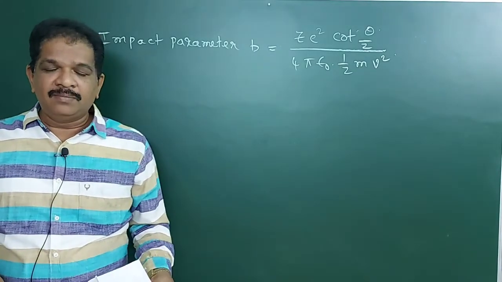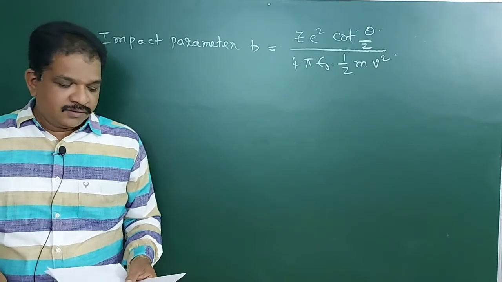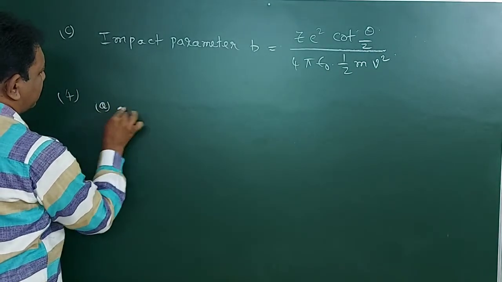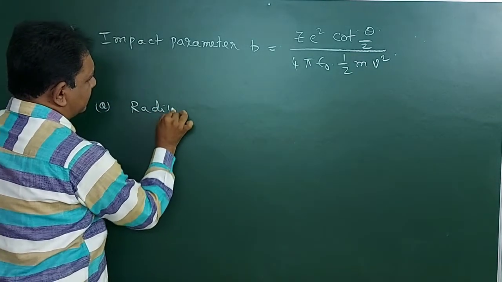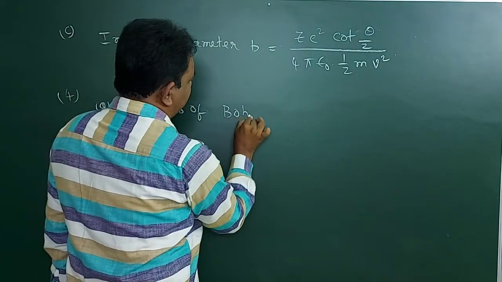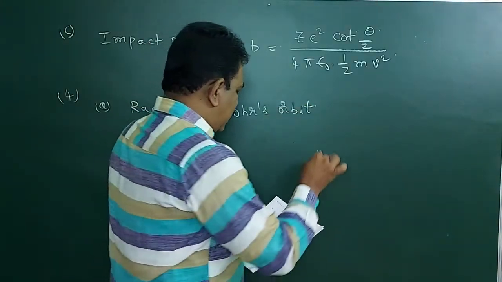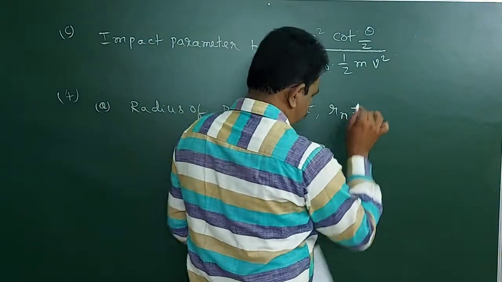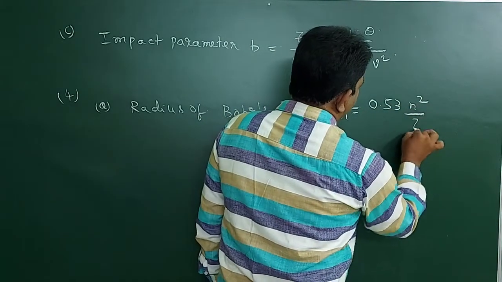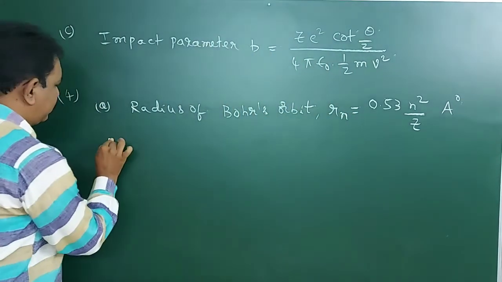Next, and mainly more number of problems on Bohr's hydrogen atom. So next, fourth one, radius of Bohr's orbit: rn is equal to 0.53 n square by Z. This value will be in angstrom unit.